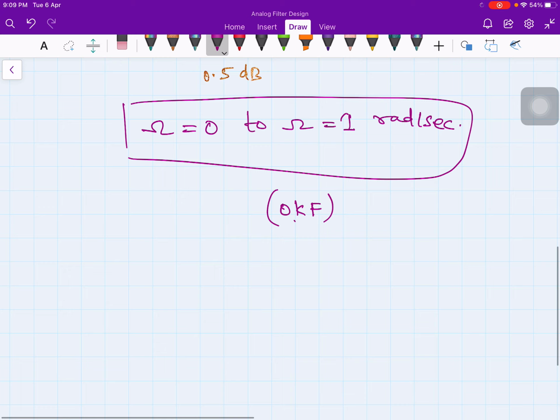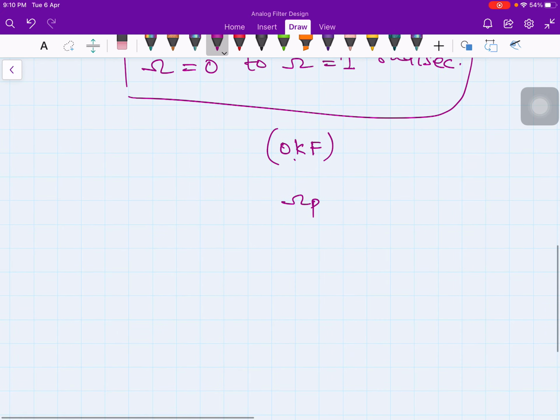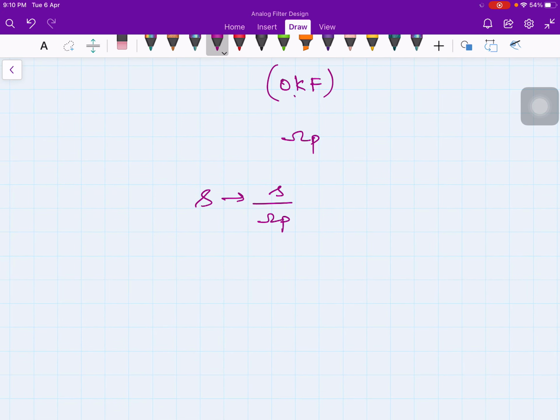For example, if we wish to transform the normalized low pass filter to another low pass filter whose cutoff frequency is omega p, instead of omega p equal to 1 radian per second, then what you do is you simply substitute small s by small s divided by omega p. That's it. It's a very simple substitution.